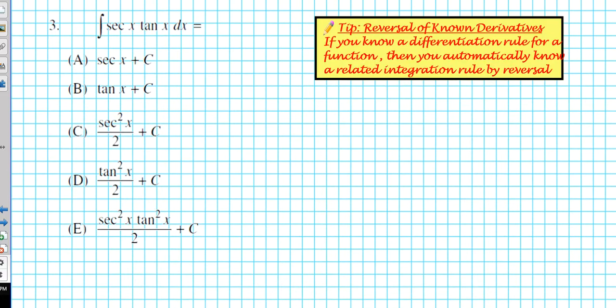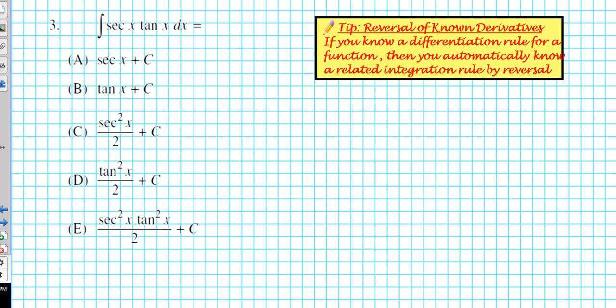Now let's take a look at problem number 3. We are to find the integral of secant x tan x. Now a tip you want to keep in mind has to do with the reversal of known derivatives. If you know the differentiation rule for a function, then you automatically know what the related integration rule is by reversal.